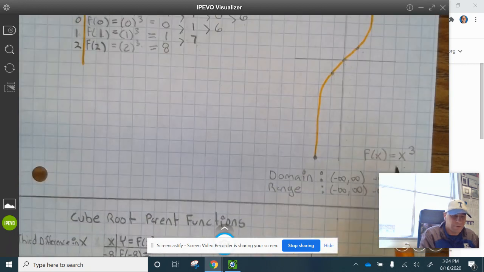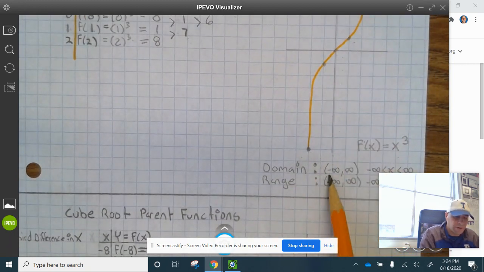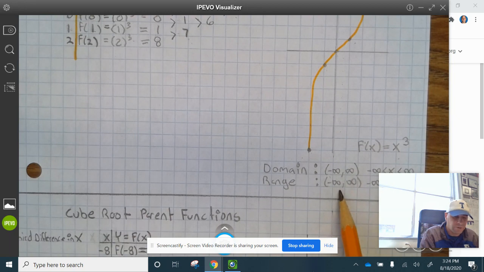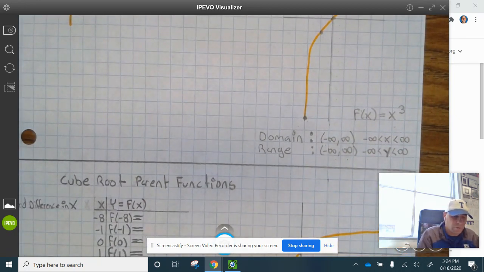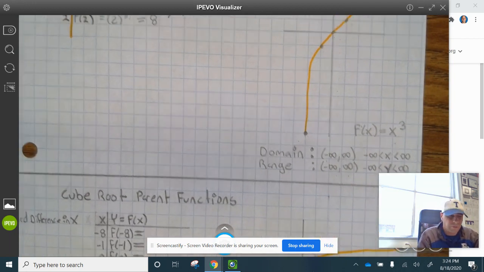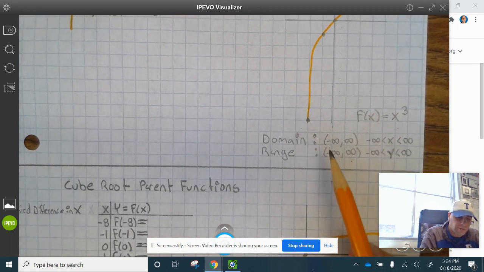The domain, because it's infinite on the left and right and bottom to top, the domain is -infinity to +infinity, and range is -infinity to +infinity. And you'll notice here that I've included the inequality notation. Now, go back and look at your notes and make sure I didn't make a mistake on any of the domain and ranges. In inequality notation, domain is the x and range is y. Sometimes I think I might have put an x there, but double check, okay?